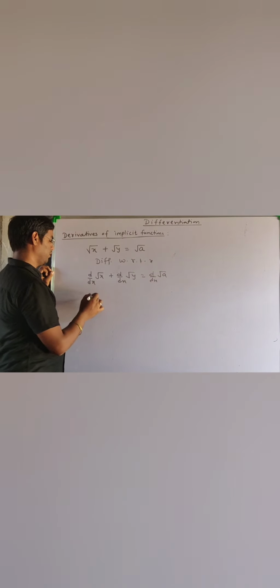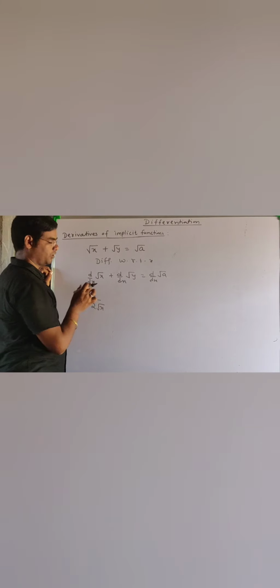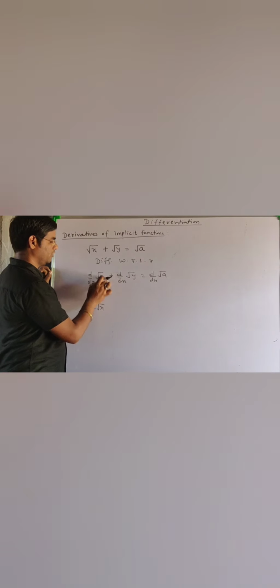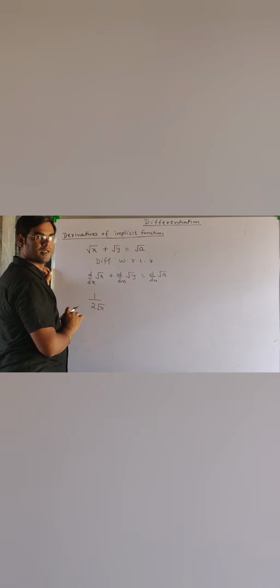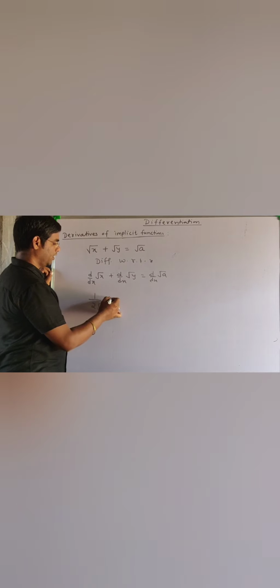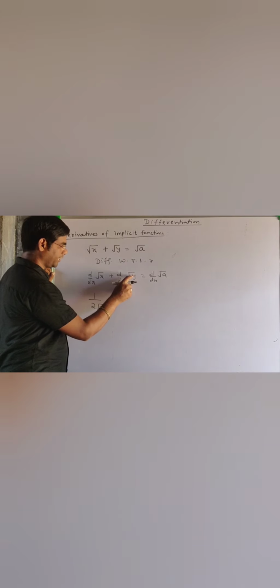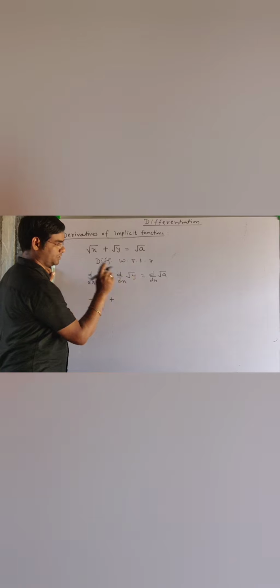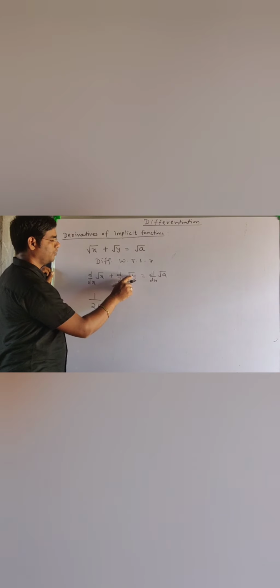The derivative of root x is 1 upon 2 root x, and this is our original formula, so no need to apply the composite function or chain rule. But for root y, this is not x, therefore here we apply the chain rule.